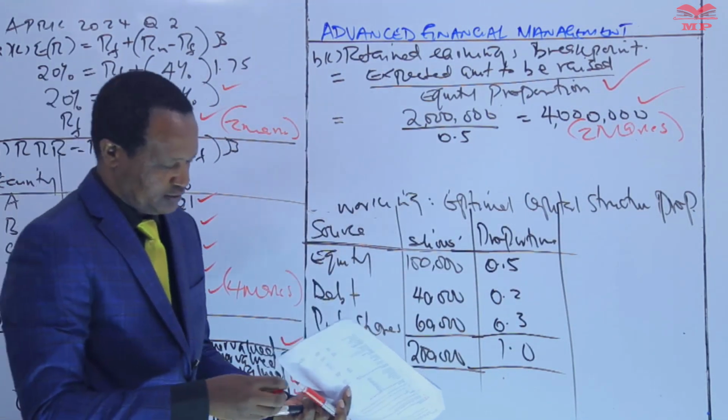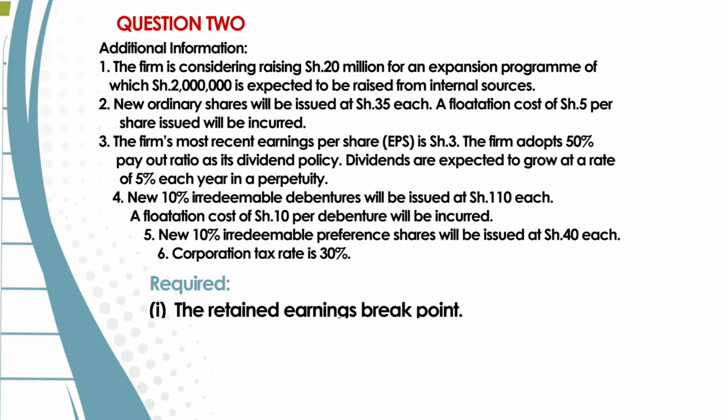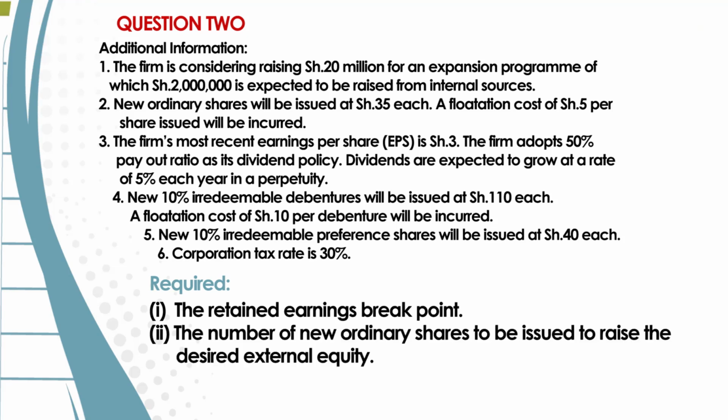Moving on, then Roman 2, the number of ordinary shares to be issued to raise the desired external equity. Look at the question again.